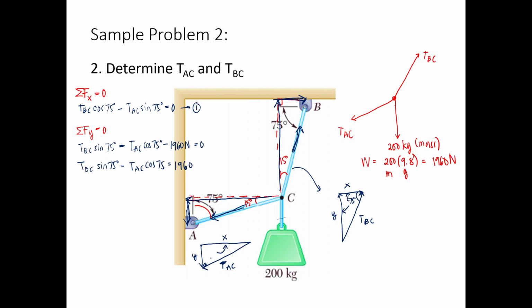So this is the 75-degree angle. So this one is sine for the x component. Then for the y component, it's cosine.